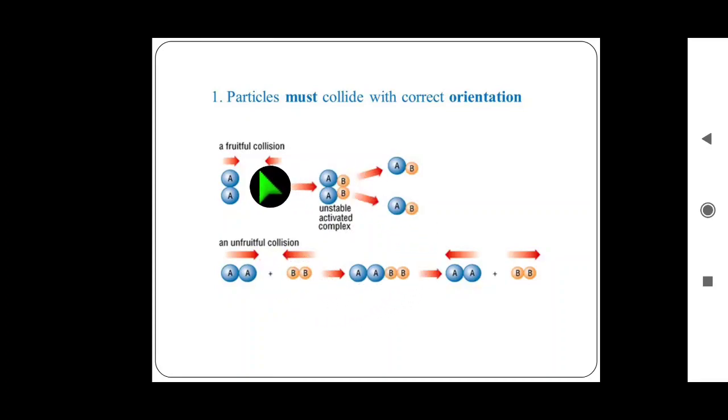The first one is a fruitful collision. So from the diagram, it is very important to note down that the particles must collide with the correct orientation for getting 2 moles of AB.